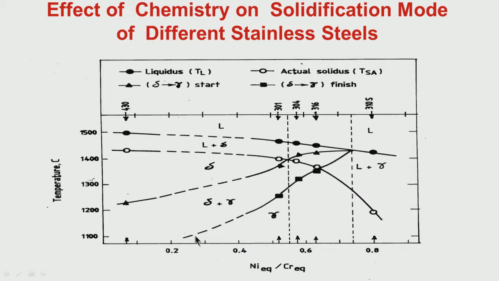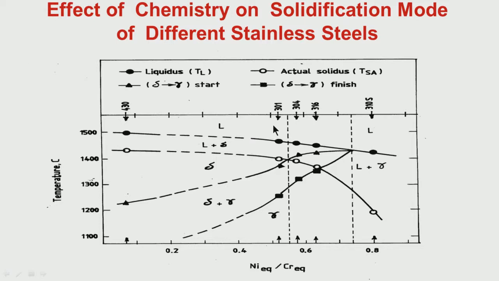As we go to higher and higher nickel equivalent by chromium equivalent, equivalent to higher and higher carbon equivalent for plain carbon or low alloy steels, this delta to gamma formation will be enhanced, at relatively high temperature. But what is important to remember is the solidification is totally through delta ferrite. Now, what is happening to say 301, which is austenite at room temperature, but at high temperature?